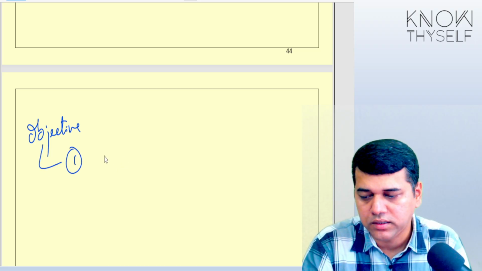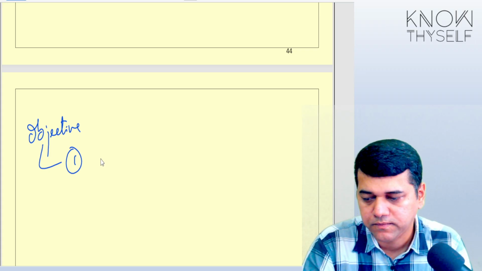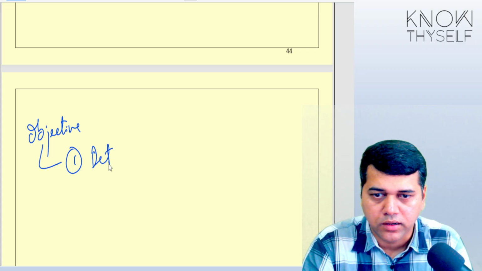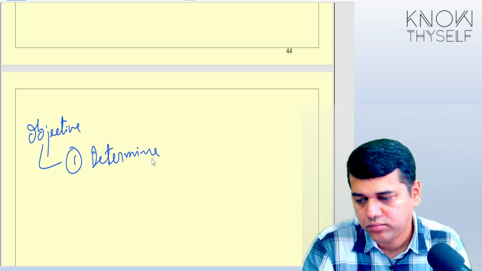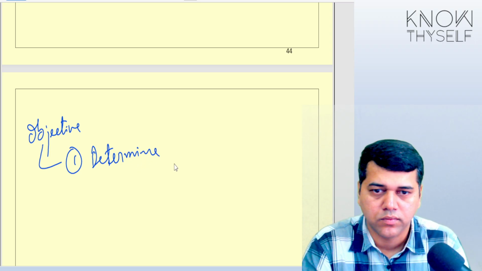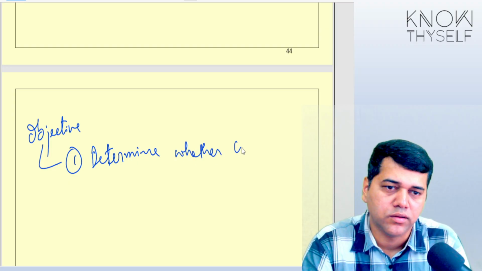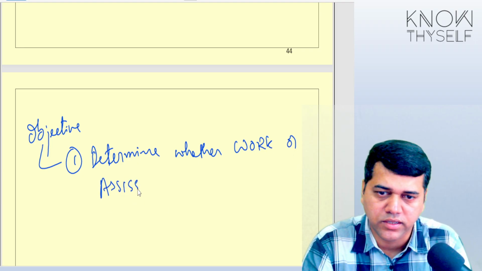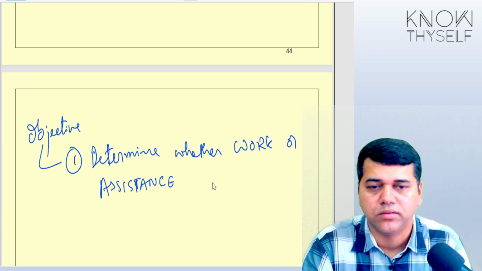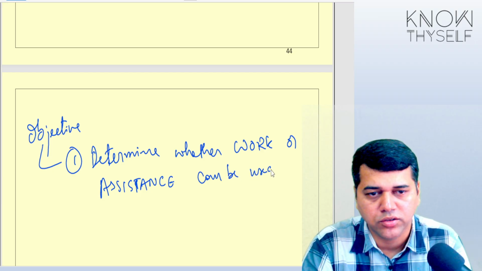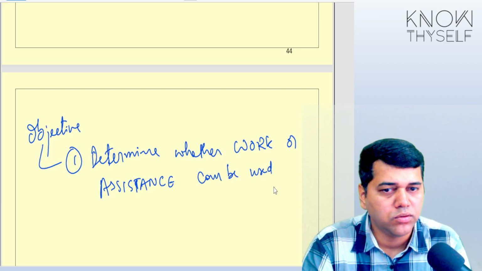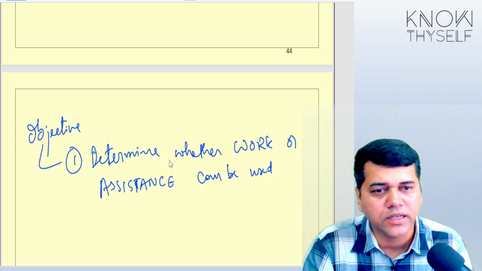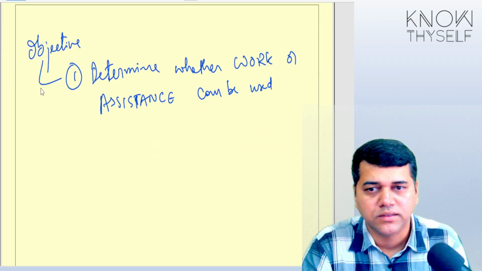One, determine whether work or assistance can be used. How? Check their competency, objectivity, and disciplined approach.